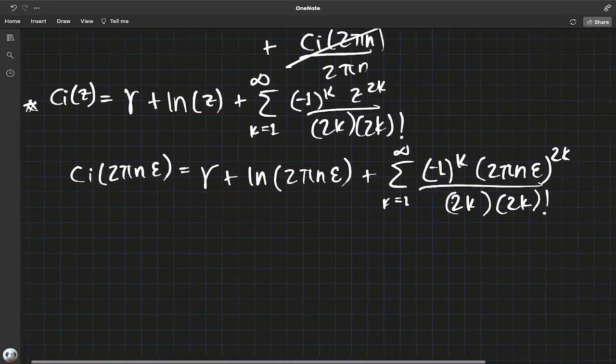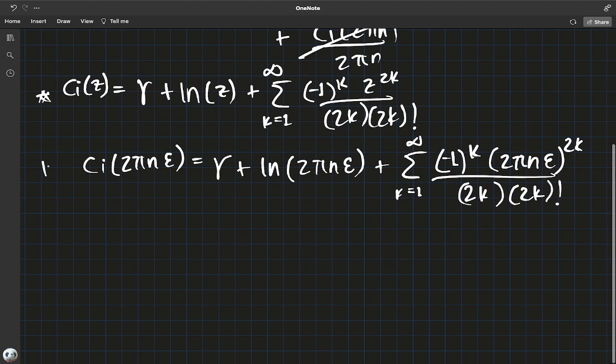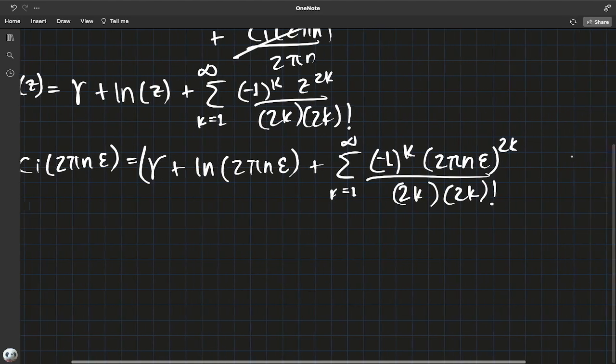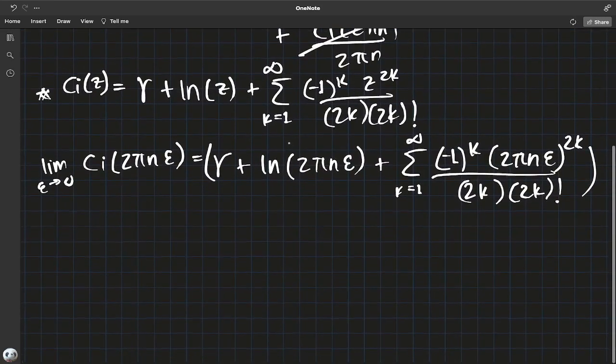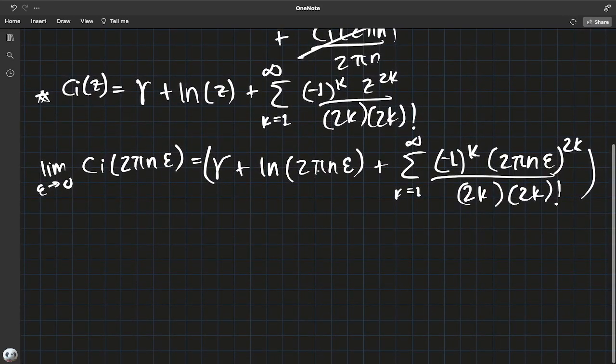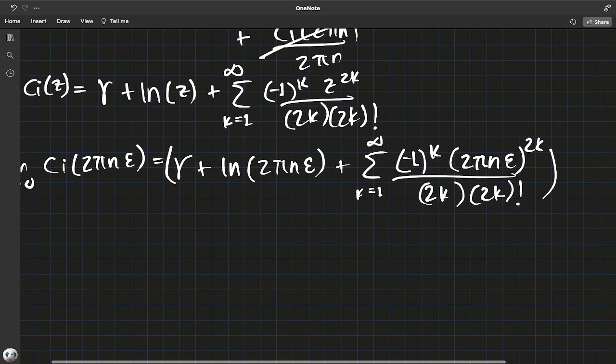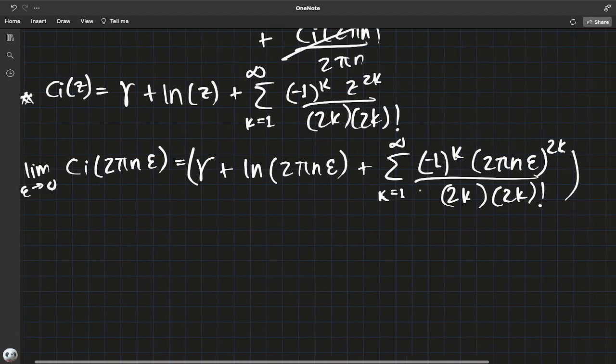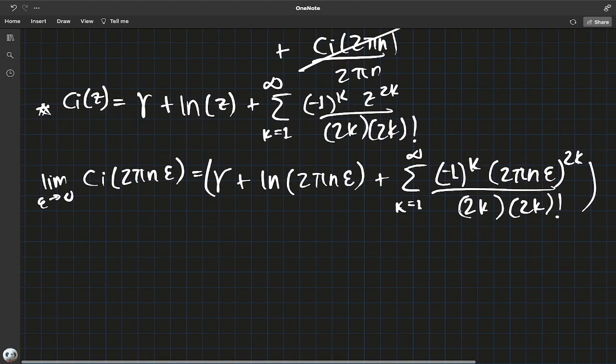So Ci of 2 pi n epsilon is gamma plus natural log of 2 pi n epsilon, plus the sum from k equals 1 to infinity of minus 1 to the k, 2 pi n epsilon to the 2k over 2k factorial. Notice that if we take the limit as epsilon goes to 0 on both sides, we have to take a limit with the natural log, but epsilon raised to higher and higher powers, here 2 and greater multiples of 2, will become way smaller, and we can ignore that.